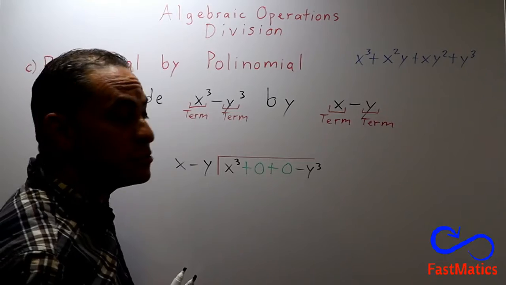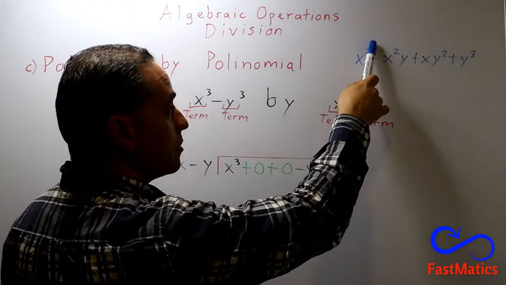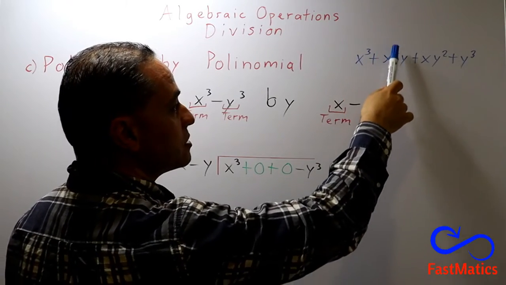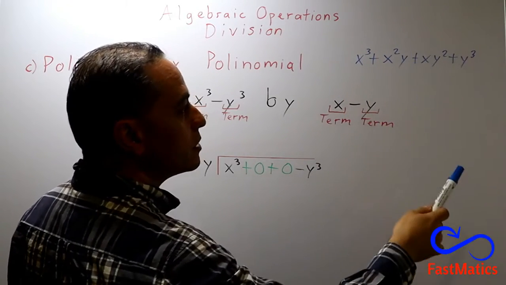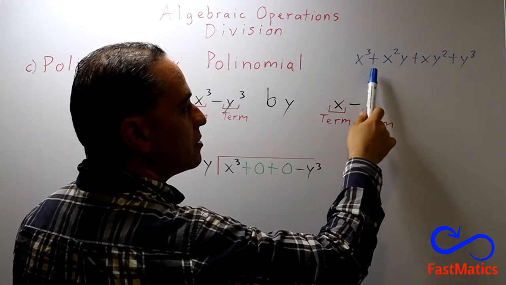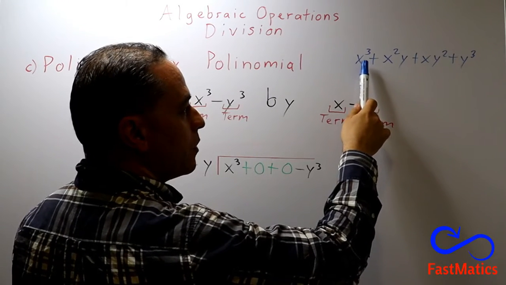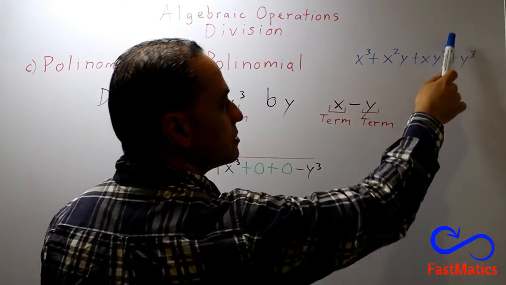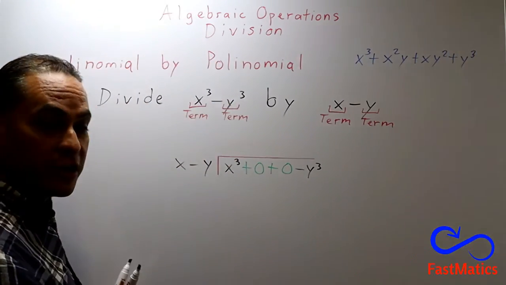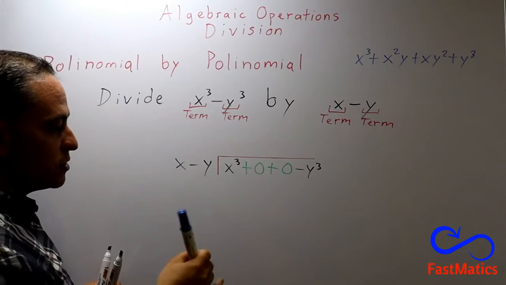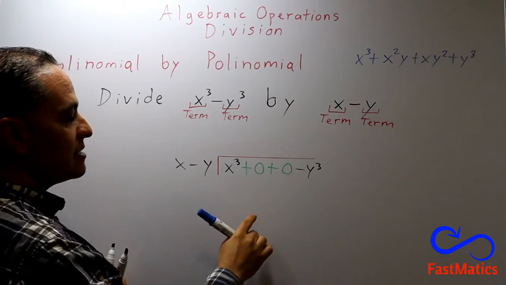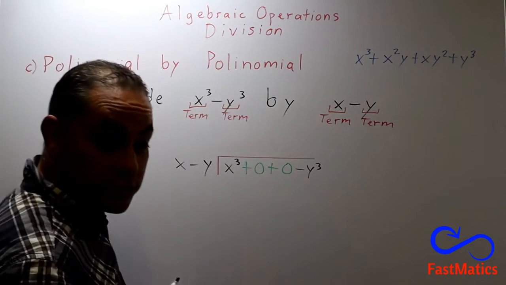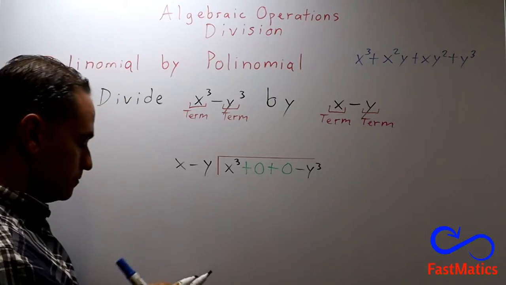It is like that in algebra. To the third power, to the second power, to the first power, and the y to the 0 power, y to the first power, to the second power, to the third power. It is important to follow this order and to leave the blanks to follow an order. It is very, very important.